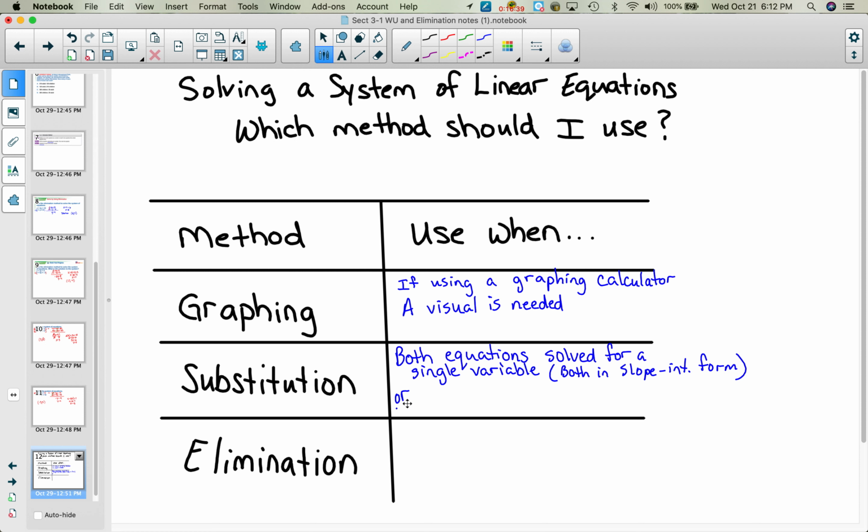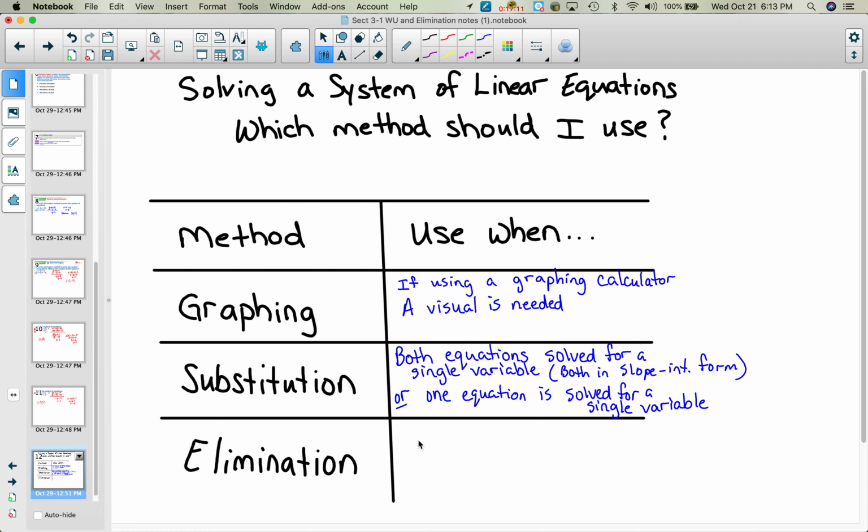Or if one equation is solved for a single variable. Now, my method is different for both of these things. If they're both in slope-intercept form, I set them equal to each other. If one equation is solved for a single variable, then I put that equation inside the other equation.